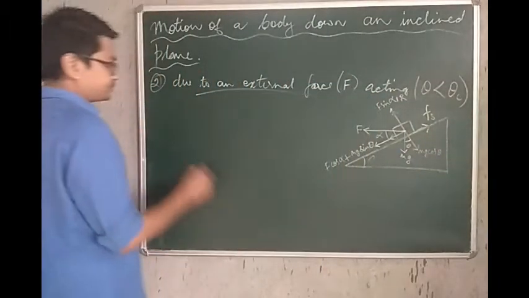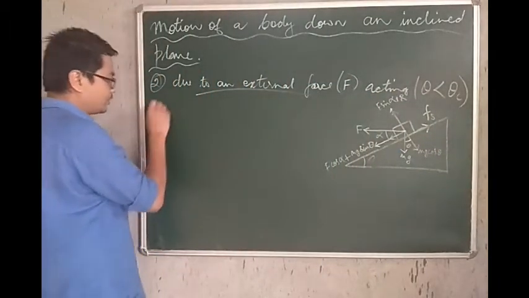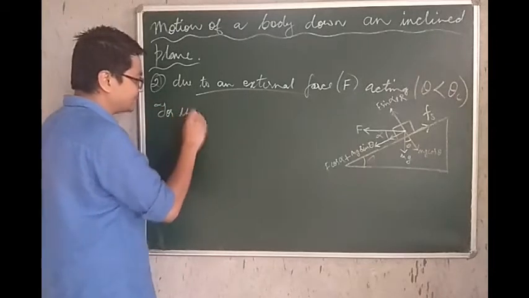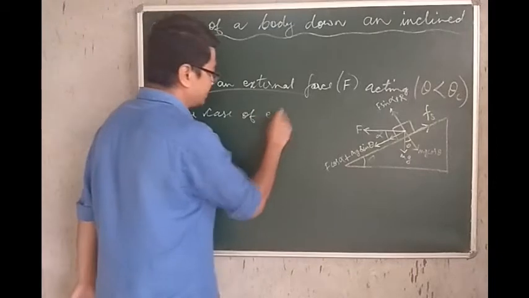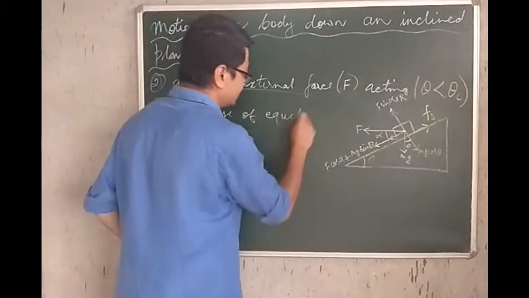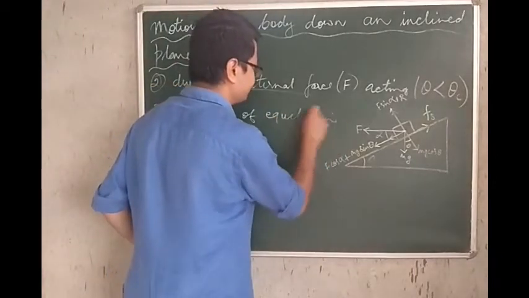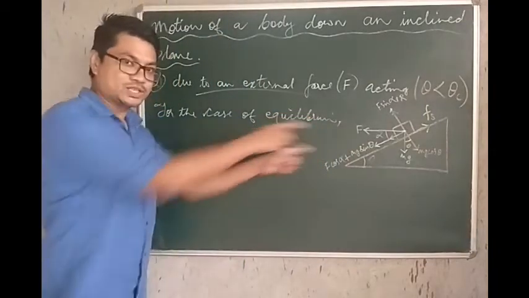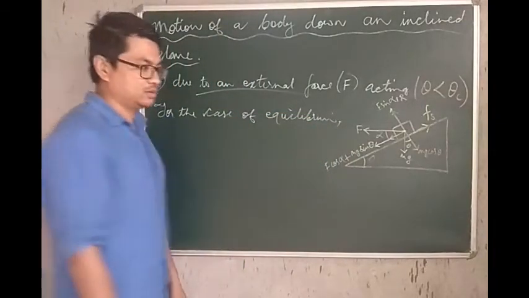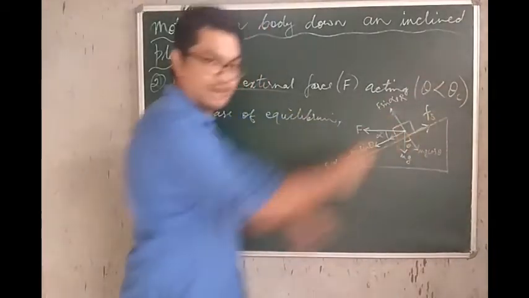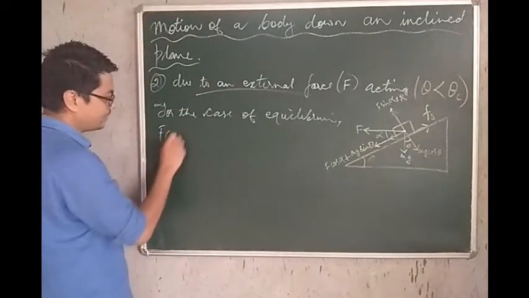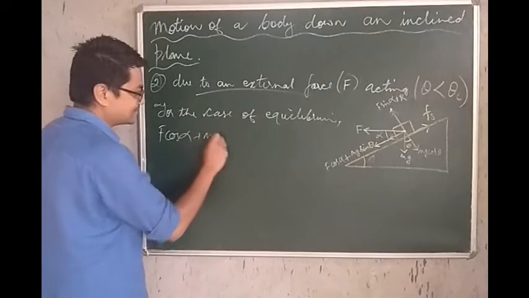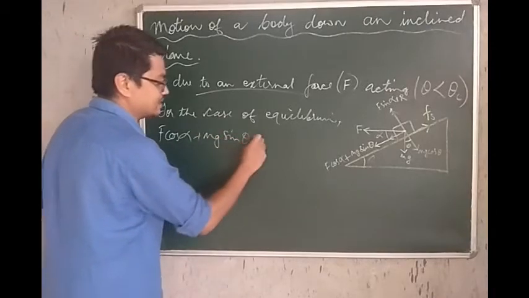Okay, so for the case of equilibrium, that is when the body is on the verge of sliding down, remember, although so many forces are acting on it. Okay, so what we can write is F cos alpha plus mg sine theta.